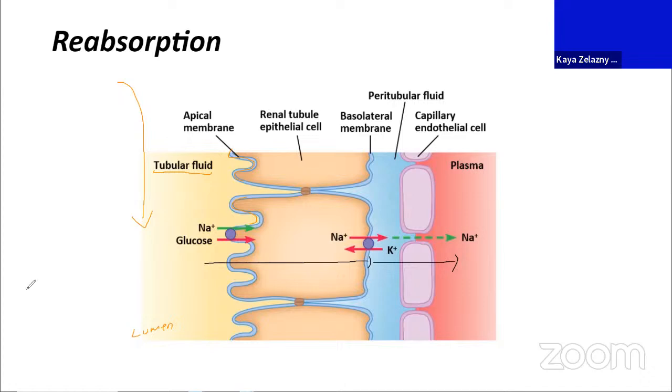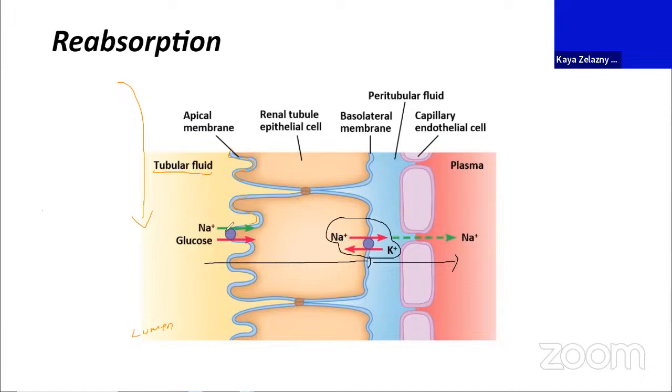Should hopefully not be surprising that often this is going to rely on things like sodium gradients. So what we're looking at here is how reabsorption of glucose works. Well, part of how reabsorption of glucose works, right? So we're going to see that we have sodium-potassium pumps driving sodium gradients, right?